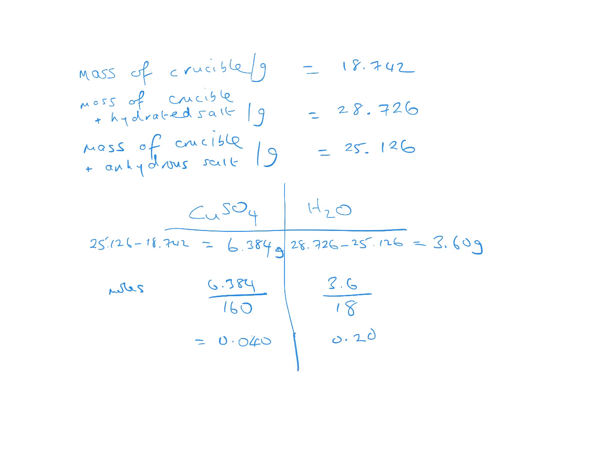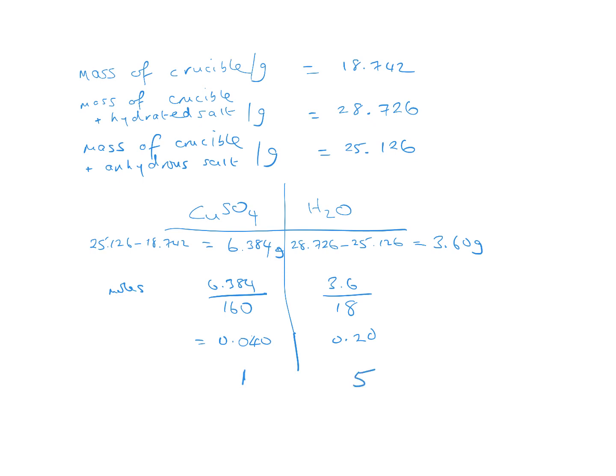The next thing I have to do is convert these moles into whole numbers. And I do that by dividing by the smallest number of moles, which you can see is the 0.04. So I divide both of these values by 0.04. So this will obviously become 1, and this one will become 5.